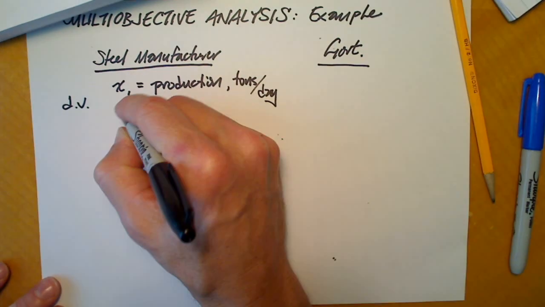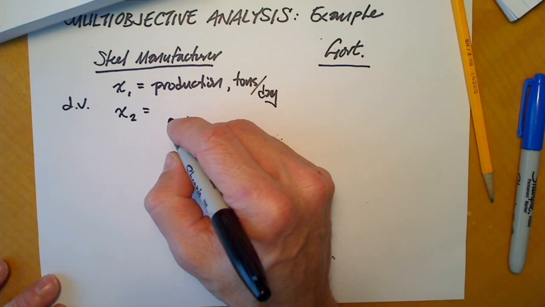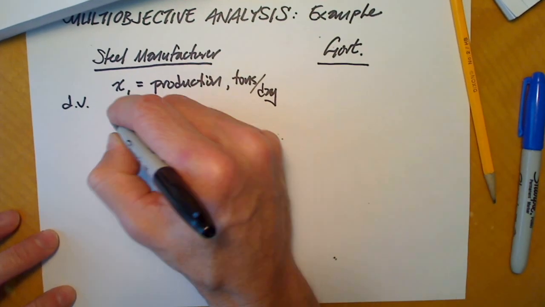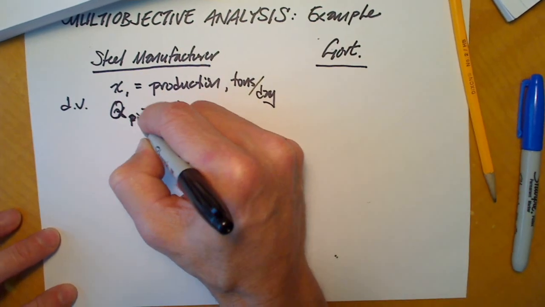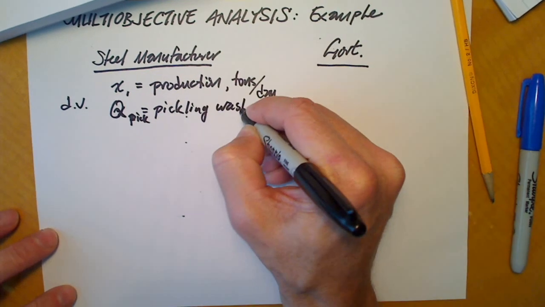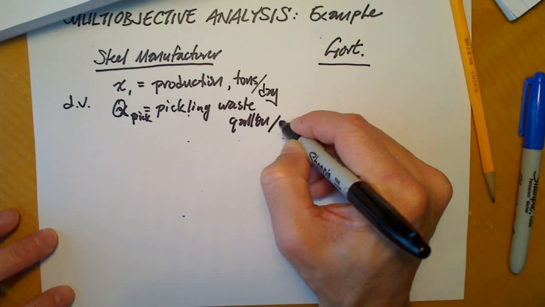And they also need to decide how much pickling waste they're going to treat per day. So we might call that X2, or we might call that Q pickle, and it's pickling waste, and we're going to call that gallons per day.